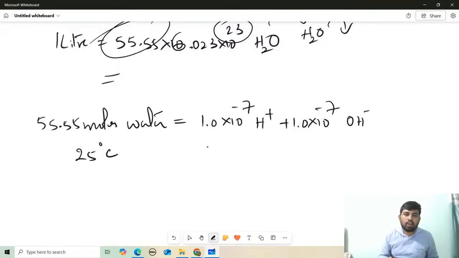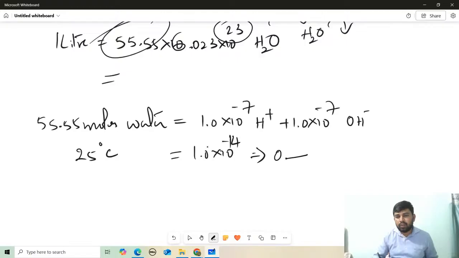So what is the combination total? It is 1.0 into 10 to the power of minus 14. They can write this as 10 to the power of minus 14. That's why pH lies from 0 to 14.